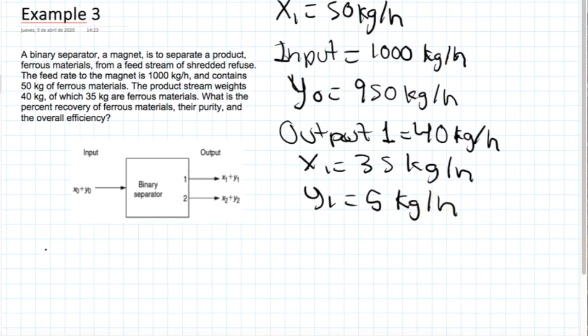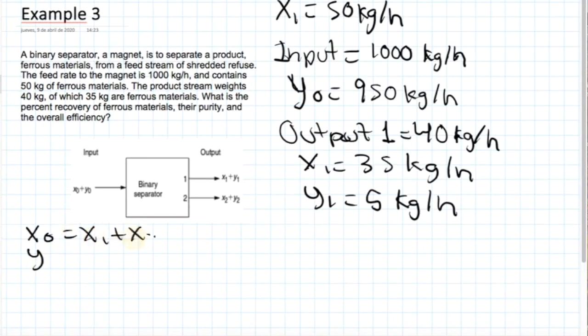So now we are going to define how to proceed. We have two options at this moment. We can solve the overall mass balance by making a mass balance on x and y: x0 equals x1 plus x2, y0 equals y1 plus y2.